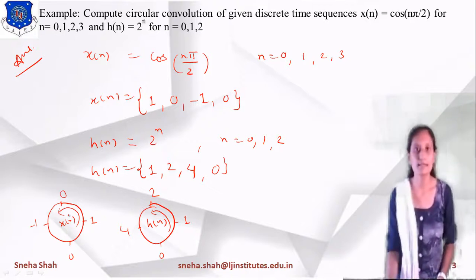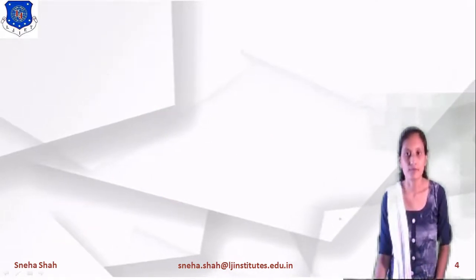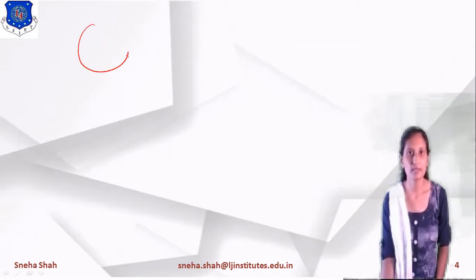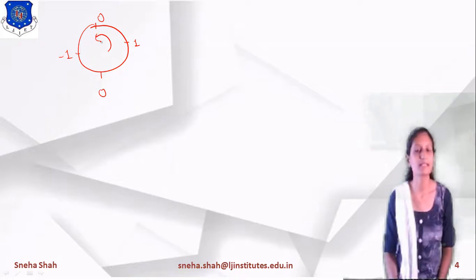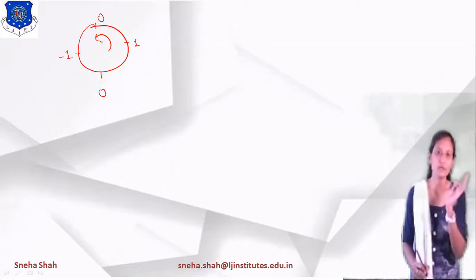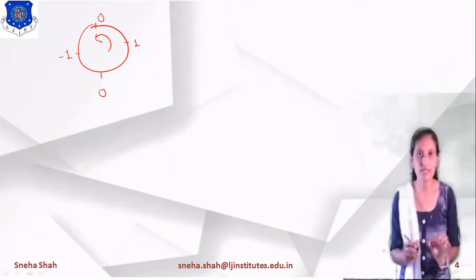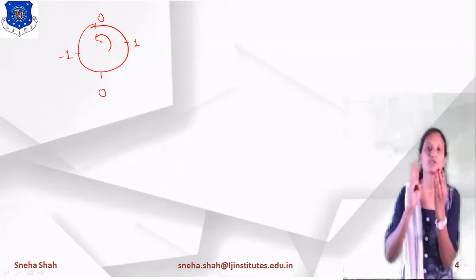So to solve this example by the graphical method, for each and every step we will draw these graphs. Now if I write this x of n, what is its value? 1, 0, minus 1, 0, right? We have represented this x of n in the anti-clockwise direction. Now, as you know, when solving the convolution, one signal is kept as it is and the other signal is in the folded form.